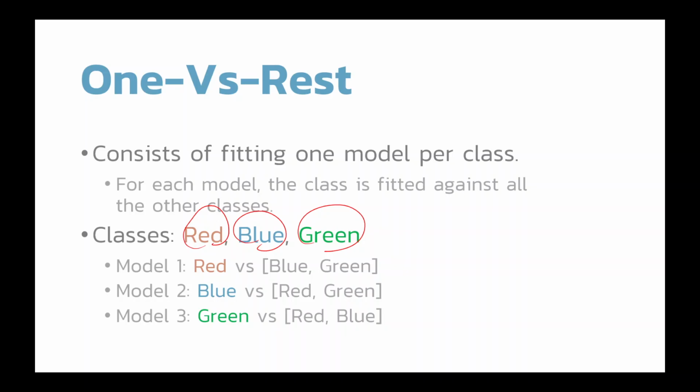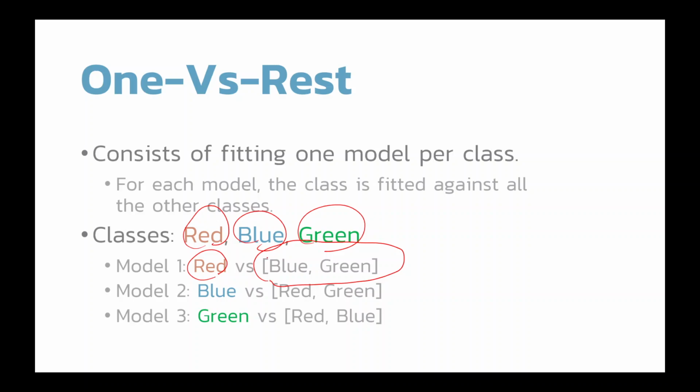But you can split this problem into 3 sub-problems that are binary in nature, okay? The first problem is that you want a model that can distinguish between the red and the rest of your classes. That's why it's called 1 versus rest, okay?